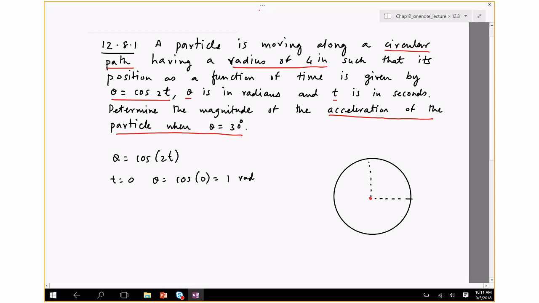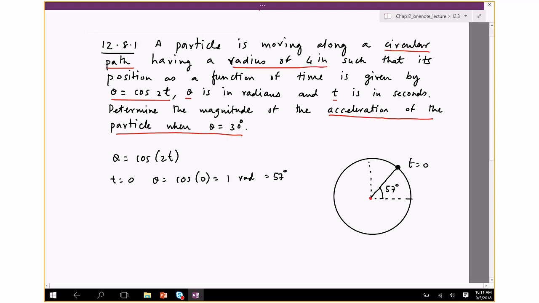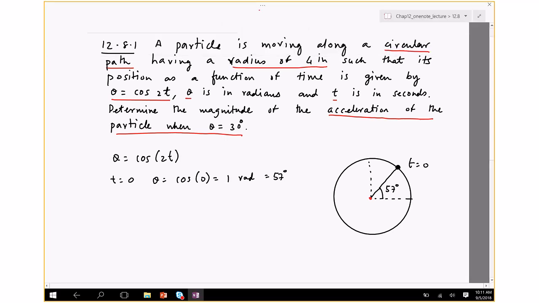So what's one radians in degrees? 57 degrees, right? So it's about here. So this is where the particle is at t equals 0. Okay, and then it's moving along a circle such that theta varies as a function of time this way. Okay, you're told to find the magnitude of the acceleration when theta is 30 degrees.